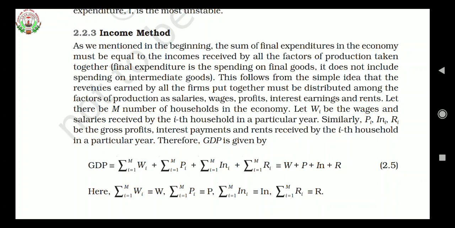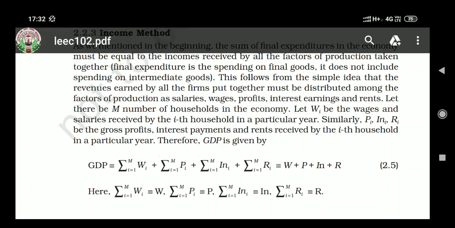Let there be M number of households in the economy. Let Wi be the wages and salaries received by the ith household in a particular year. Similarly, Pi, Ini, Ri be the gross profit, interest payment and rent received by the ith household in a particular year.